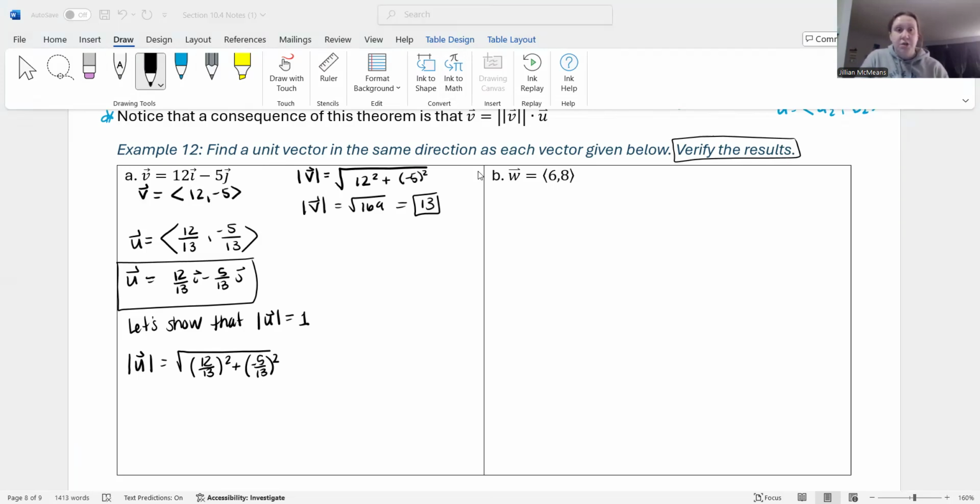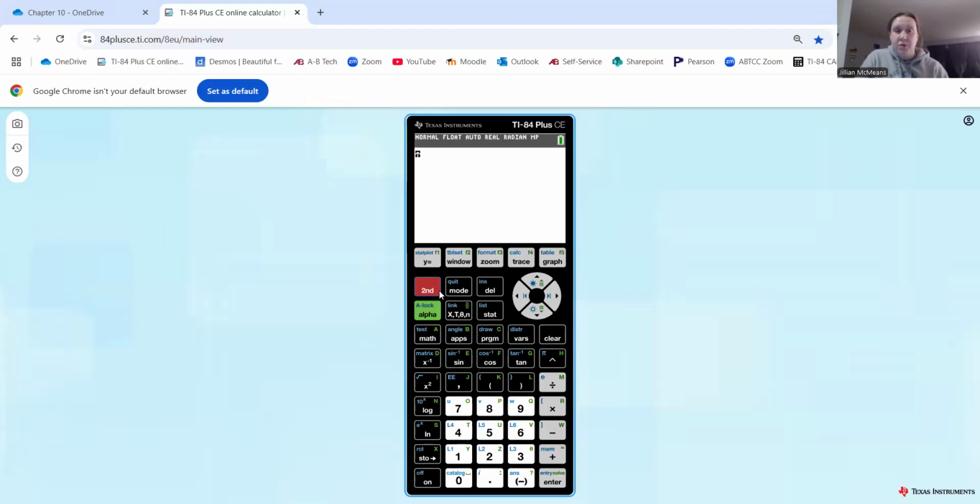Okay, so we want the square root, okay? And the a component was 12/13. So we want to square that. And then still under the radical, we want to add the b component, which was -5/13. And we want to square that.